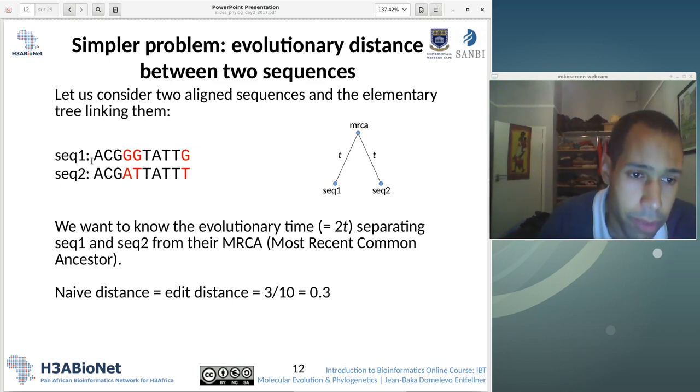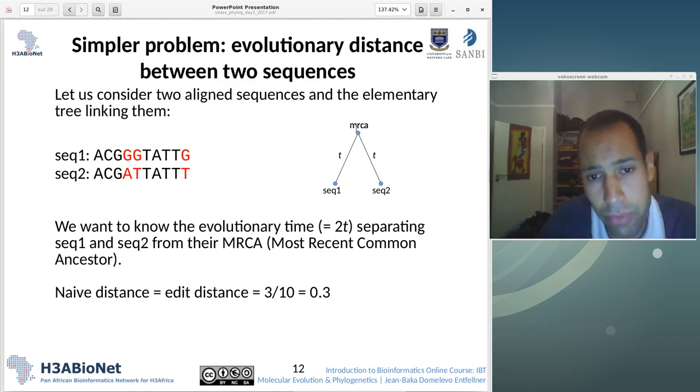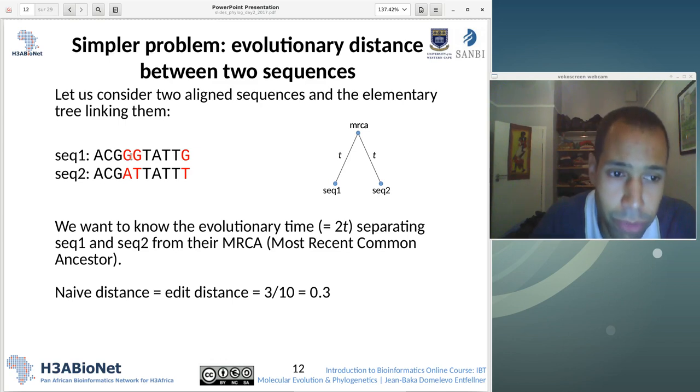Coming back to this example, imagine we have these two sequences, and we want to understand first how evolutionarily distant they are from each other. If we imagine that they come from the most recent common ancestor, at some point in the past these two sequences were not different but were the same, and they evolved through mutations into sequence 1 and sequence 2.